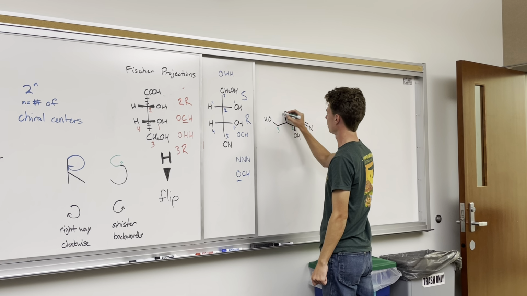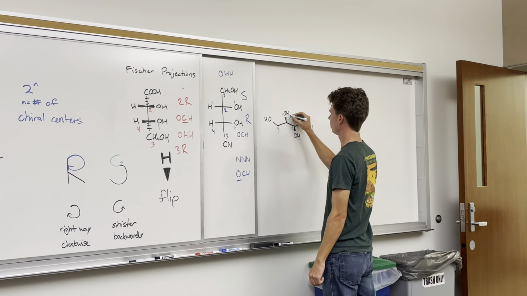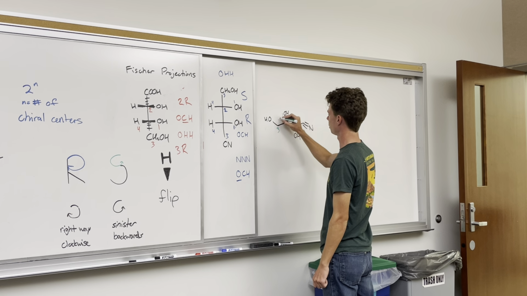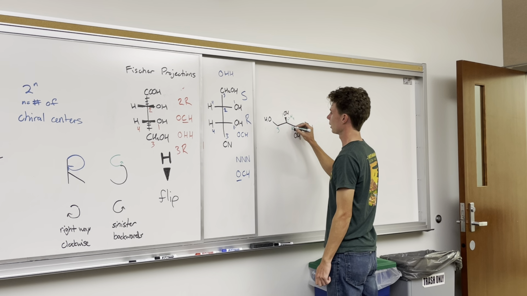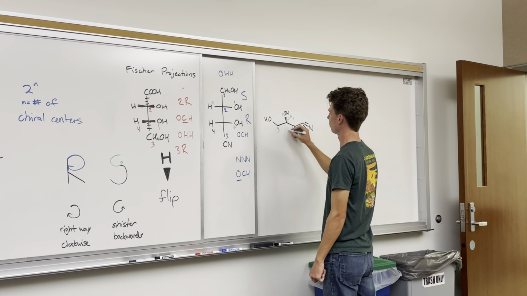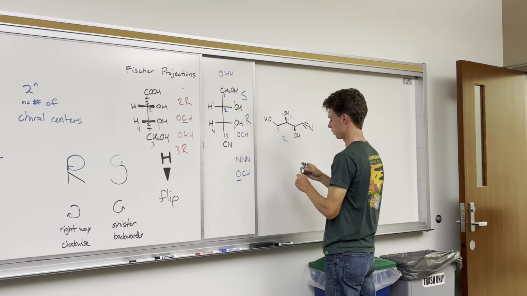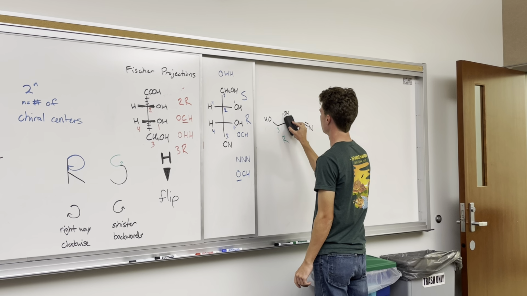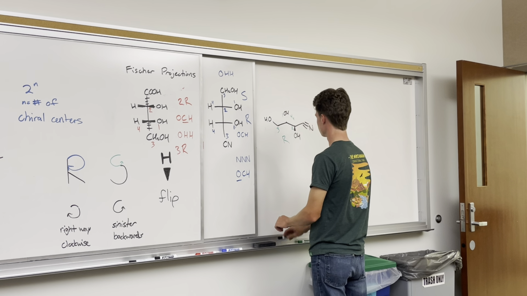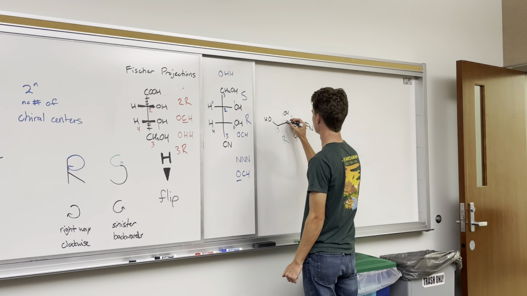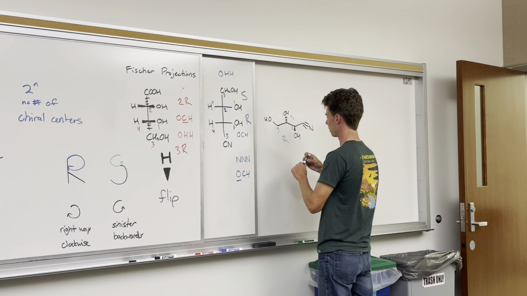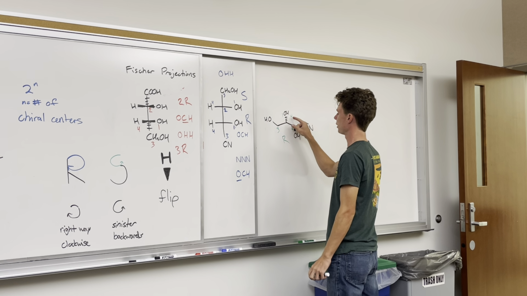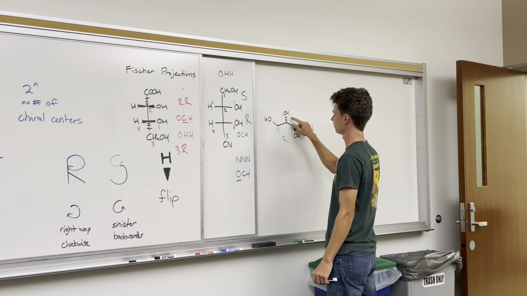I am going in an R configuration here, 1, 2, 3. This needs to be S. Right now it's an R, that's not good. That must mean that this is actually a dash. Notice my priority groups stay the same, only I have to flip the orientation because my hydrogen is now a wedge.